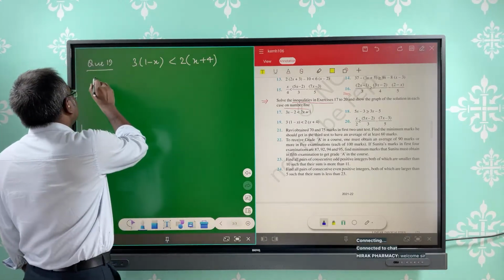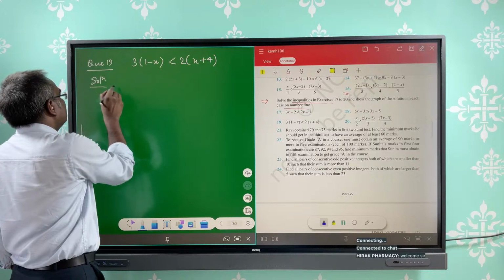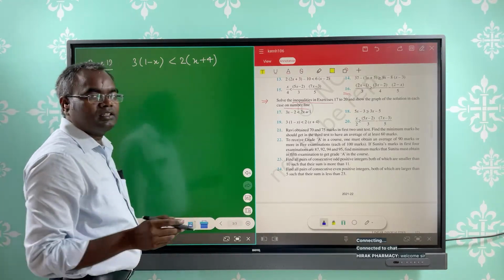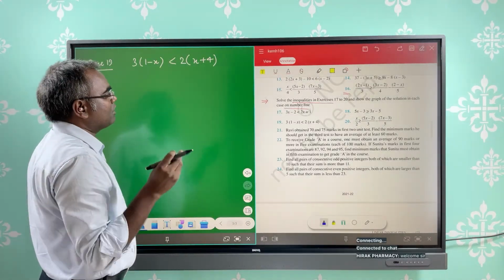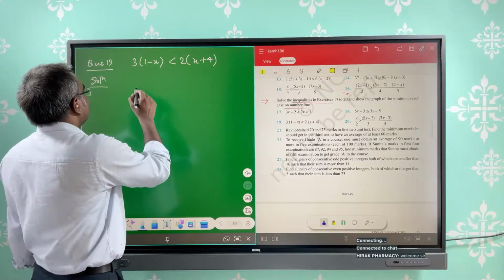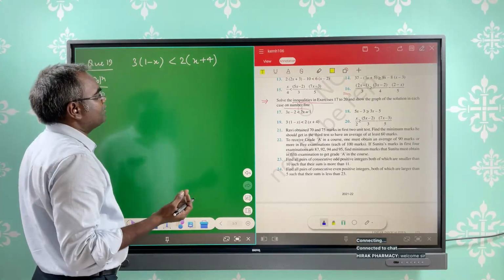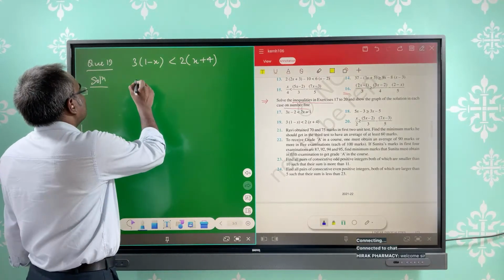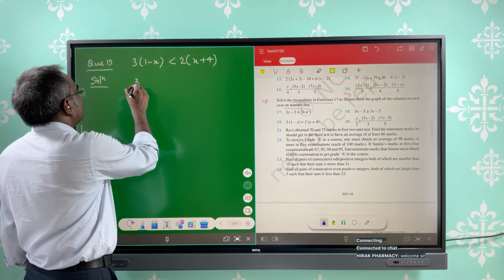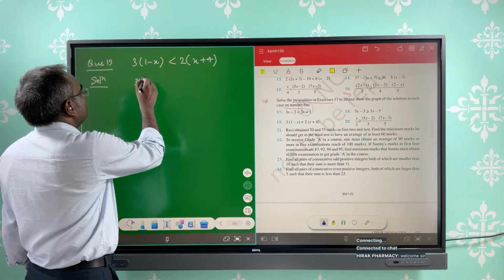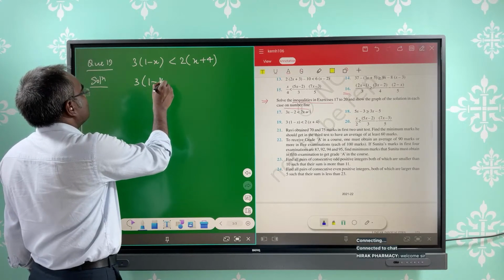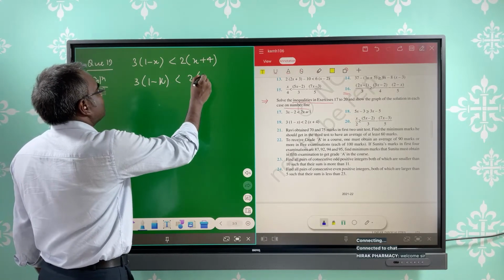So let us solve this. Friends, you can practice these problems because without practice you will not be able to solve these problems in the examination hall. So let us simplify this. 3 into 1 minus x less than 2x plus 4.